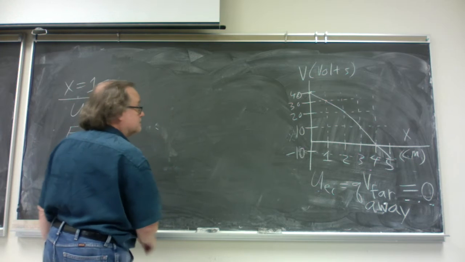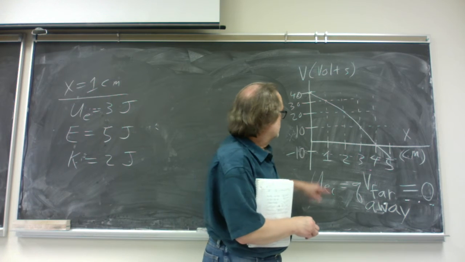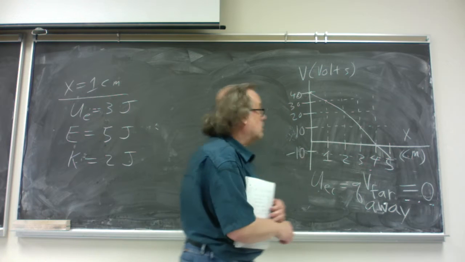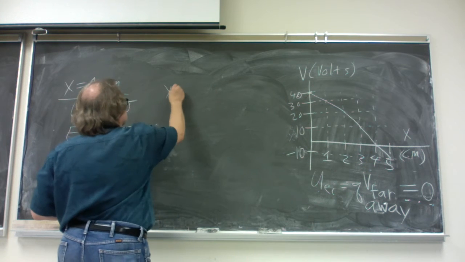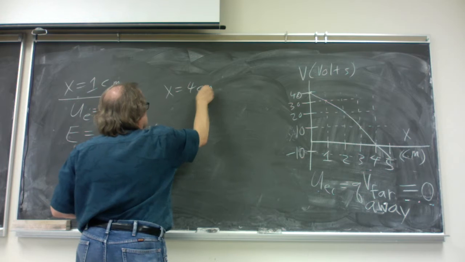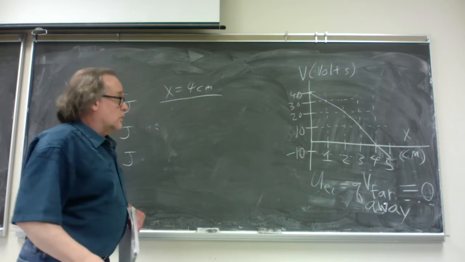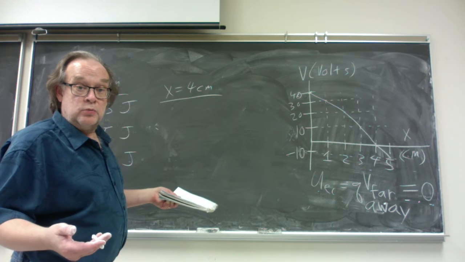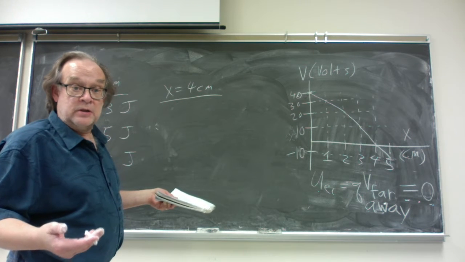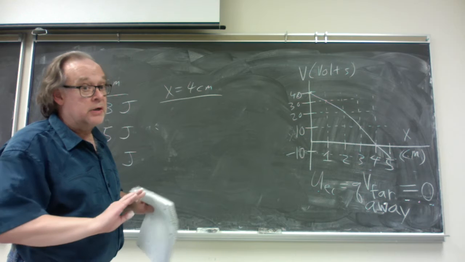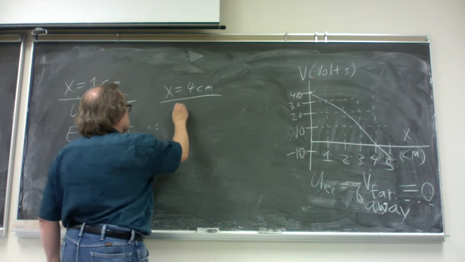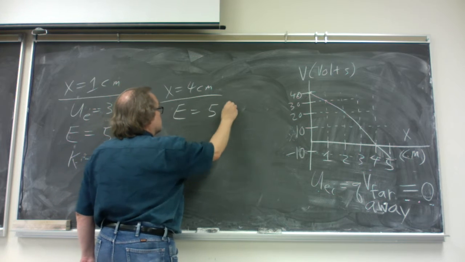Okay. And let's keep going here. Let's say we jump to the 4 centimeter mark. Well, the energy is staying constant, so we know that when our charged particle is at the x equals 4 centimeter mark, the system's energy is the same as it always was, 5 joules.